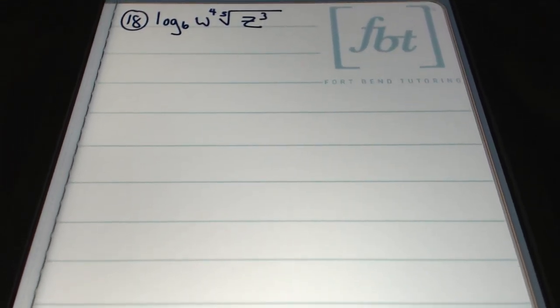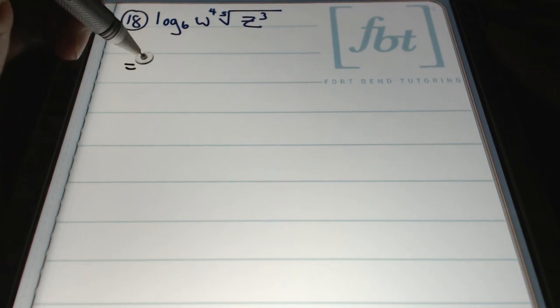I have for you problem number 18. What are you going to do with this, guys? We have log base 6 of w to the 4th power times the 5th root of z cubed.